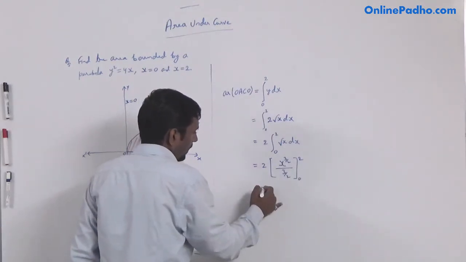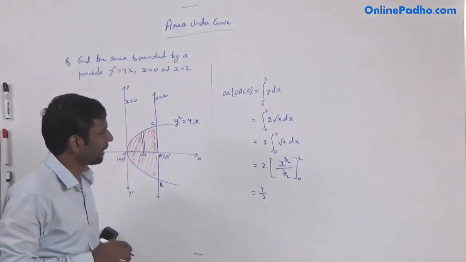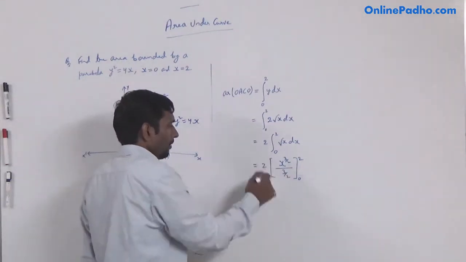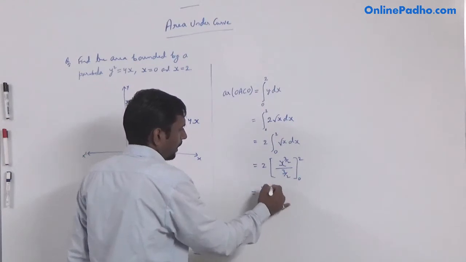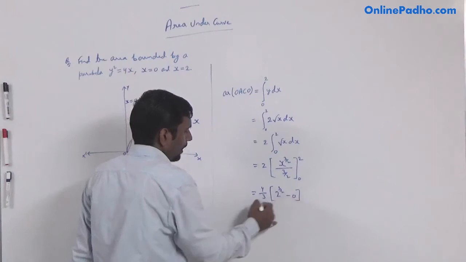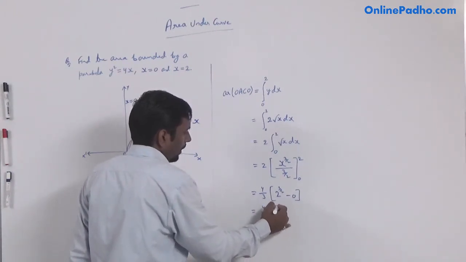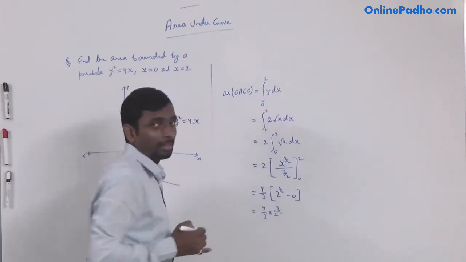Now, you can write it as 4 by 3 after taking the reciprocal of 3 by 2 outside the bracket, and we put 2 here, 2 to the power 3 by 2 minus 0. So you get 4 by 3 multiplied by 2 to the power 3 by 2.